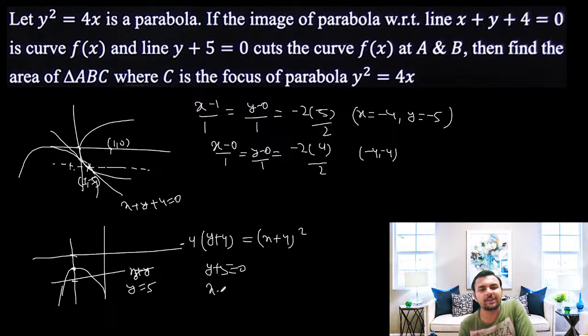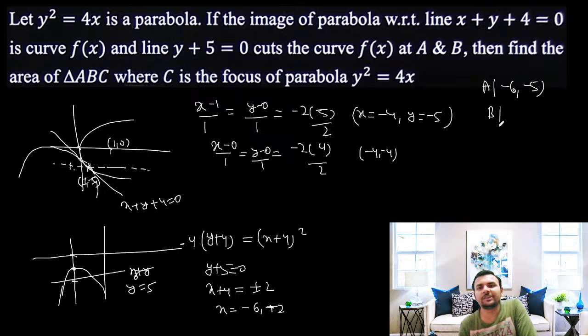So x plus 4 is equal to plus minus 2, so x equals minus 6 or minus 2. So the point A is becoming minus 6, minus 5.